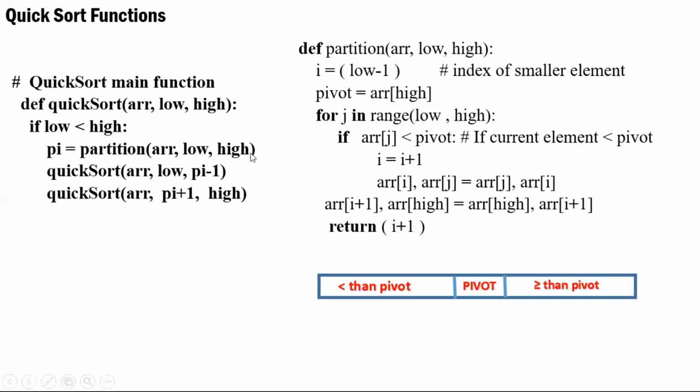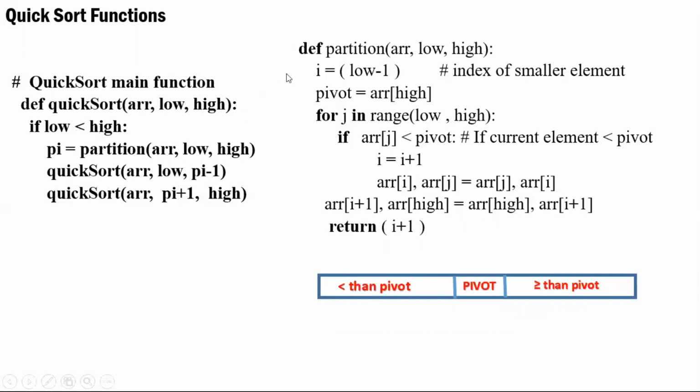Usually, we need two functions to implement quicksort. The quicksort main function: we pass to this function the array, the index of the first element in low, and the index of the last element in high. And we perform the loop while low is less than high.